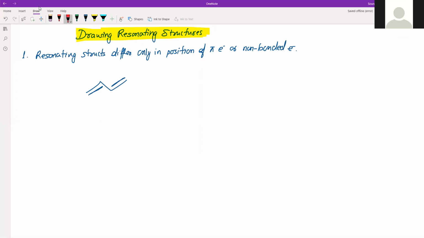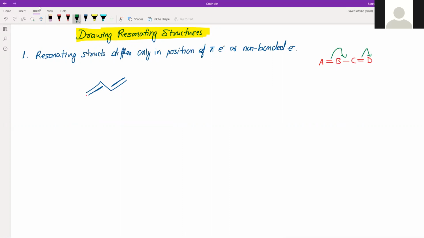So we have this A, double bond B, then single bond C, and on C there is again a double bond, and then there is a D. So yes, it is a candidate for resonance. This is A double bond B, single bond C, and on C a double bond to D. How the electron movement is shown here is like this.